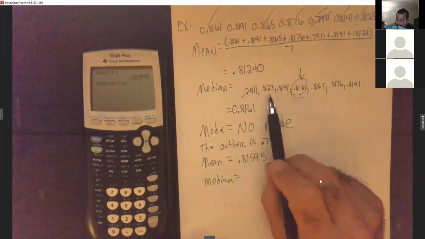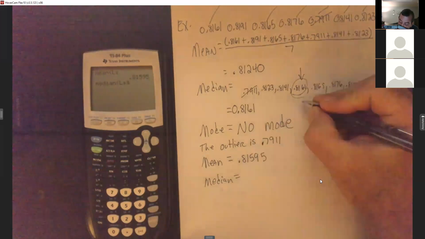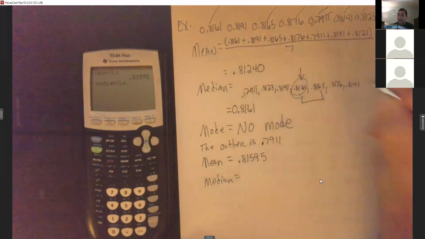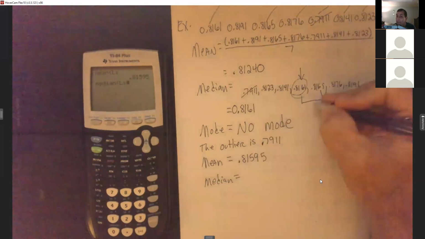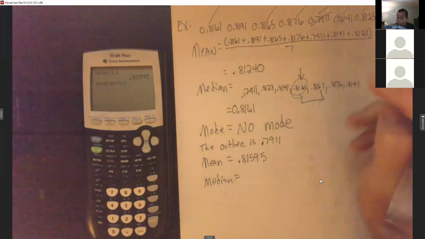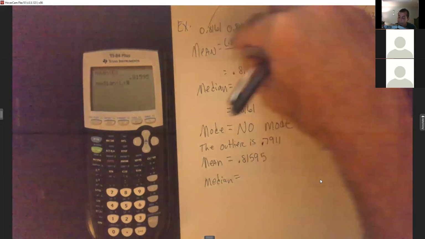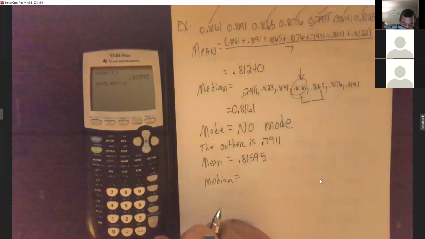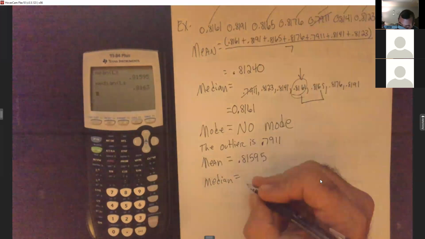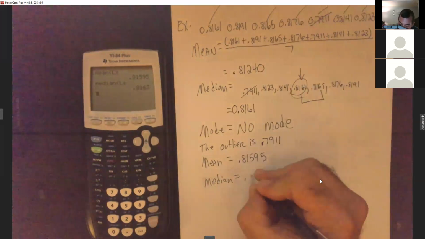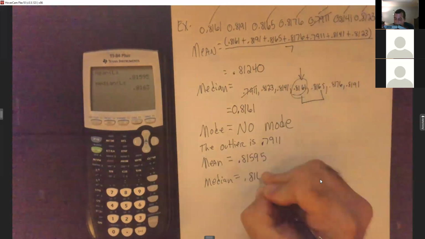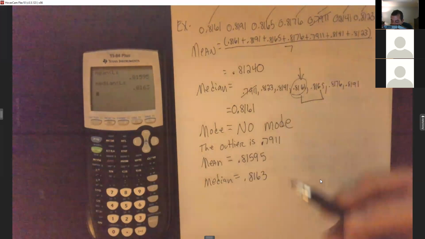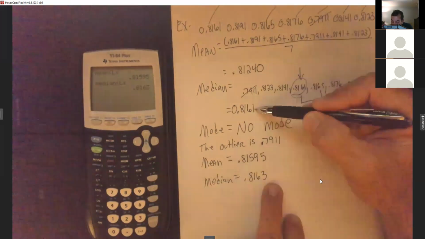And since you only got 6 numbers, you would have to add the middle 2 together and divide by 2 to find the median by hand. So it was different with 7 numbers up here, okay? With 6 of them, you have to average the middle. All right, so let's see what they gave me for my new median. 0.8163. So notice, it didn't really change my median that much.